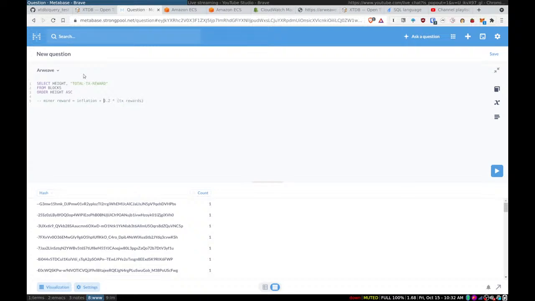So 20% of the transaction rewards go to miners, and the other 80% goes to the endowment, which is the thing that funds Arweave's existence in the future.